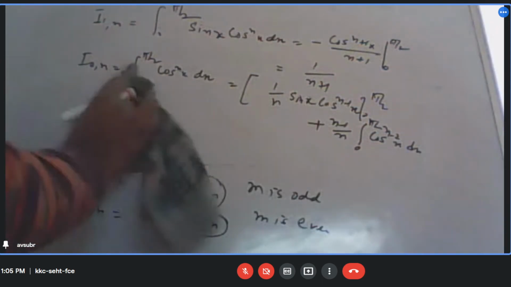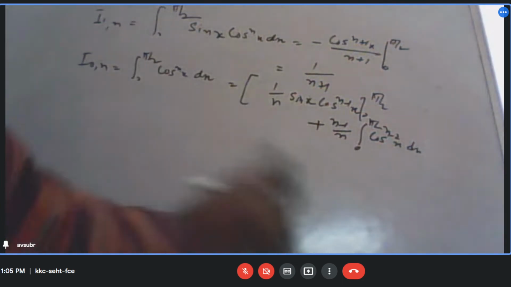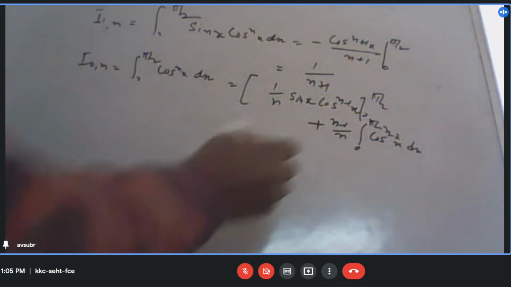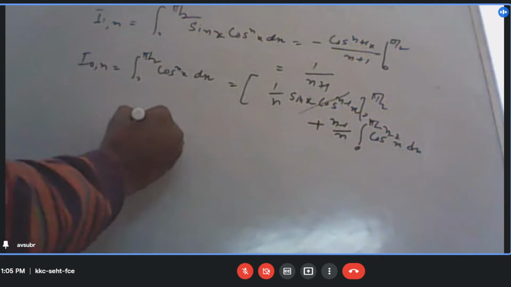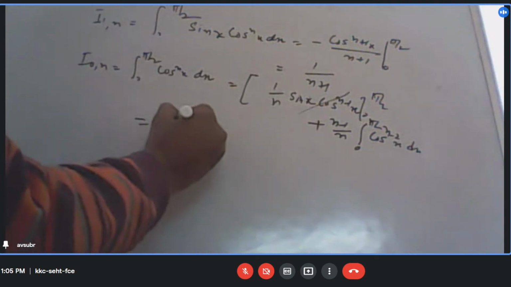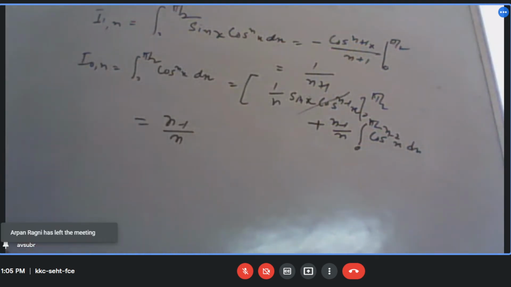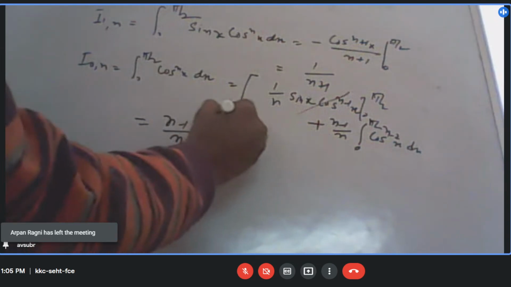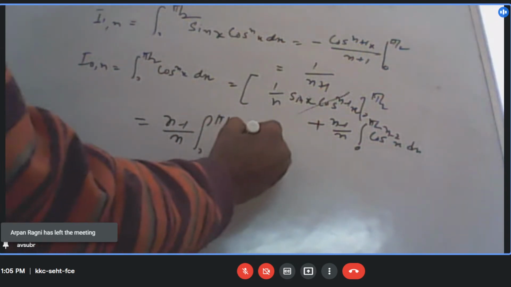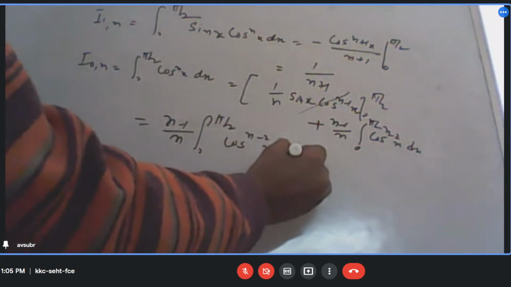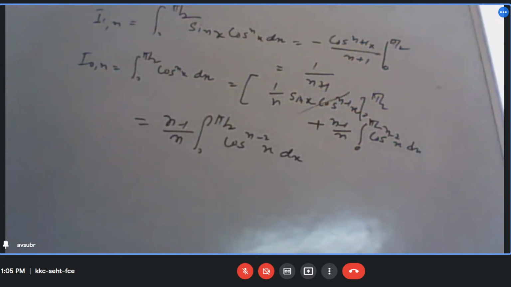So once again this will become 0 and the only thing left is n minus 1 by n integral 0 to pi by 2 cos to the power n minus 2 x dx. Okay, and we can solve it and we know what will be the answer.